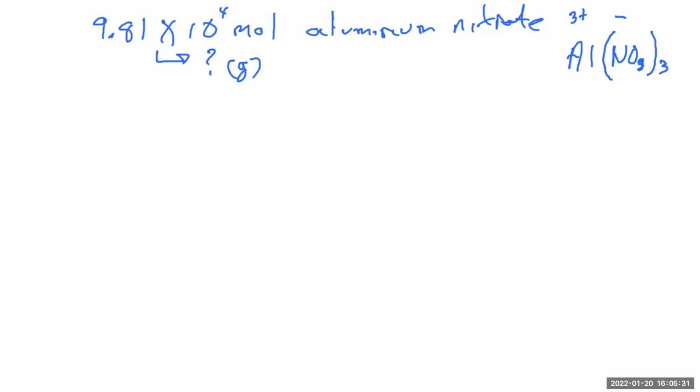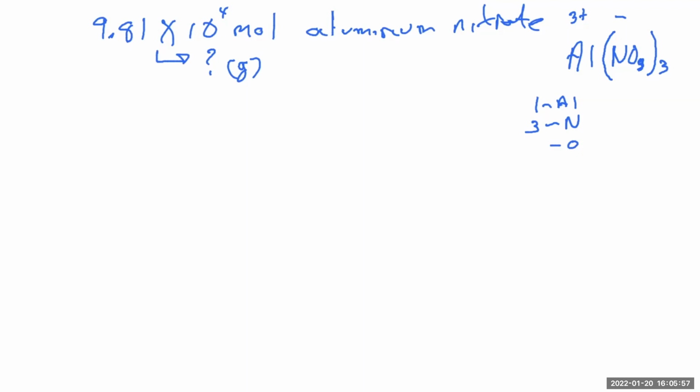So we know aluminum. Let me pull up my periodic table here. We have 1 aluminum. How many nitrogens? 3 nitrogens. And how many oxygens? Is this 6?